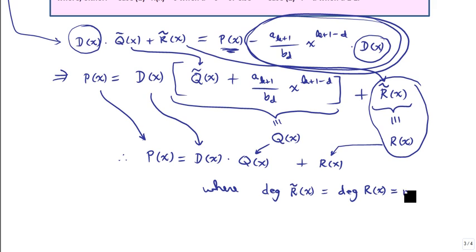And since this r tilde happened at the kth level, at the inductive step, this has to be less than the degree of the divisor by the definition of the theorem.